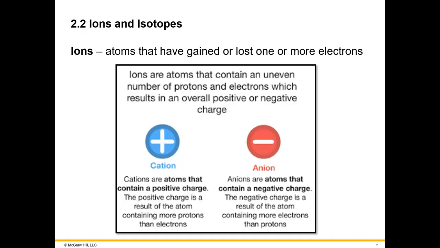So cations are positively charged atoms, and anions are negatively charged atoms, which means cations have lost an electron, meaning they lost one of their negatively charged components, and anions have gained an electron, meaning they gained another negatively charged component, giving the overall atom a charge.